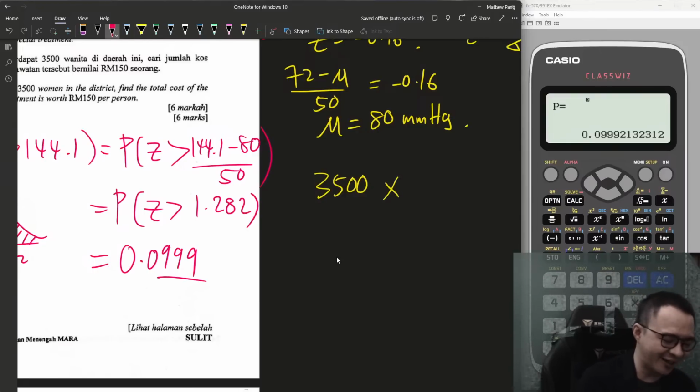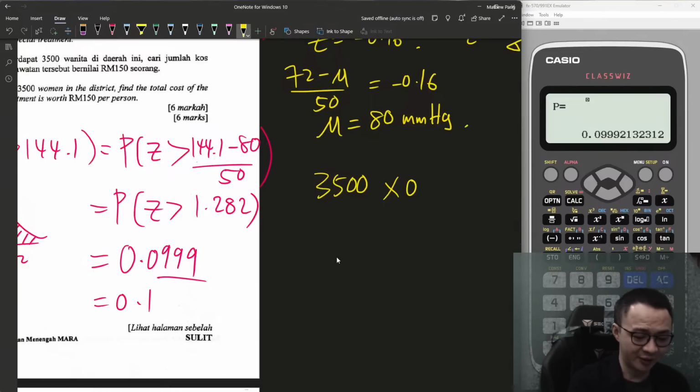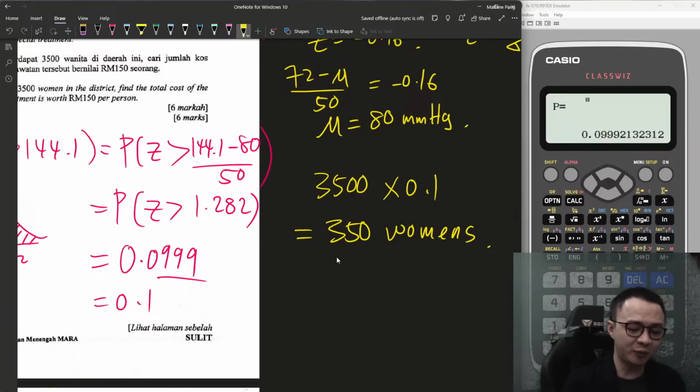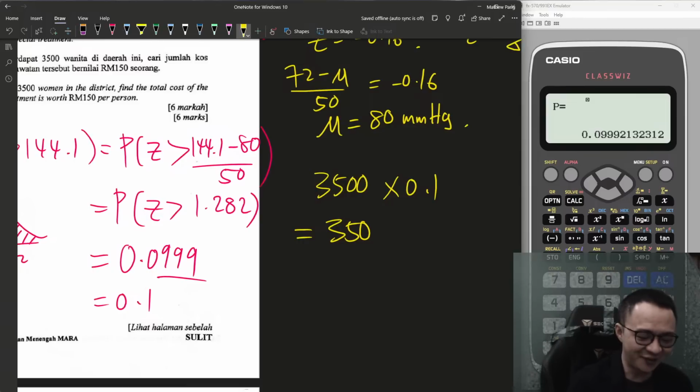If there are so many 9s here, we just round off to 0.1 now. Okay, so I will multiply 0.1. So it's about 350 women will need the treatment. My grammar is so fail. Okay, 350 women need the treatment.